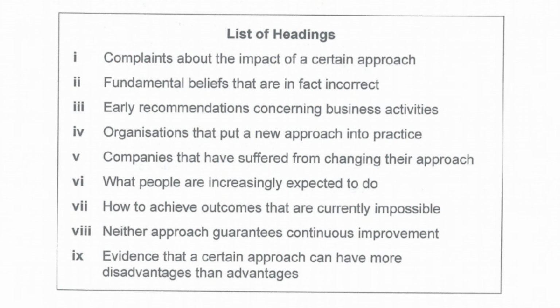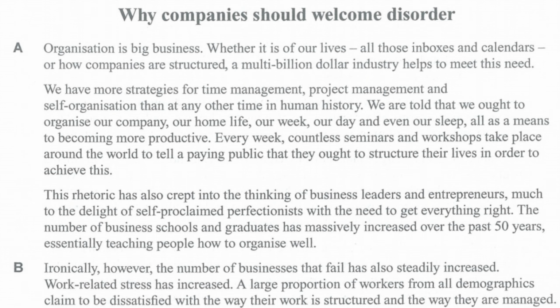So we're stuck between 3 and 6. Now we have to differentiate between these two options. If you look at 3, early recommendation is the major word. It's the major difference. Early. And if you look in this paragraph, nothing about early is mentioned. Not a single time is mentioned, just over the past 50 years.